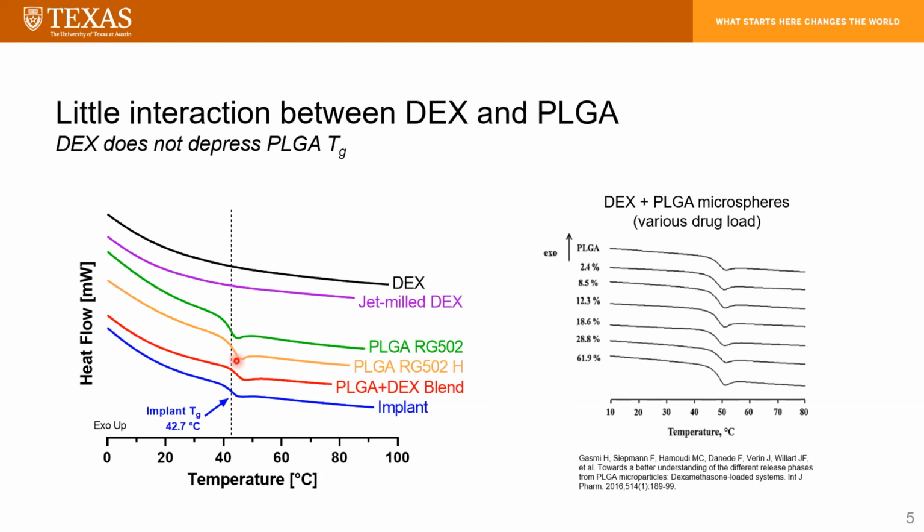That means there's very little or no drug dissolved. This observation, to some extent, has been confirmed by a paper published back in 2016 out of France. And this poor interaction between dexamethasone and PLGA at elevated temperature is actually a advantage during the process.